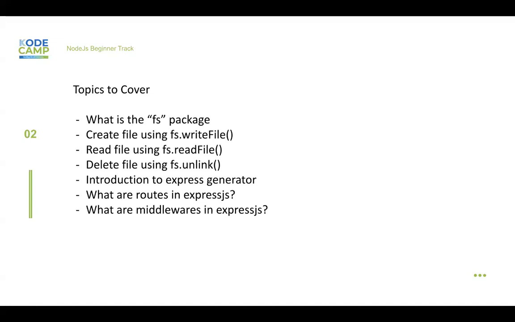Then after that, I'll talk about Express Generator, how you can use Express Generator to automatically create a scaffold for your project. And we'll talk about what routes are in Express.js and what middlewares are in Express.js. So that is what we are going to do in today's class.